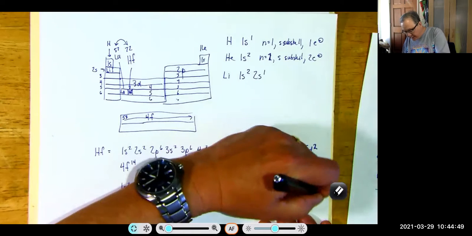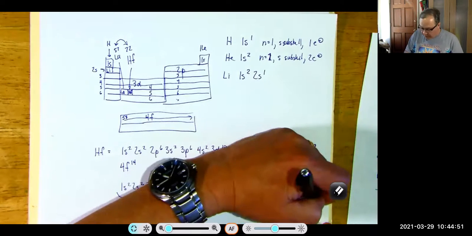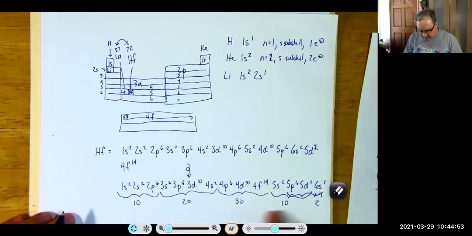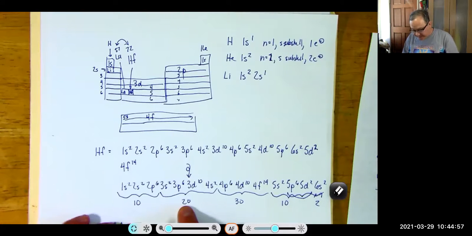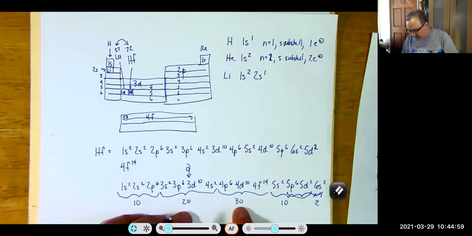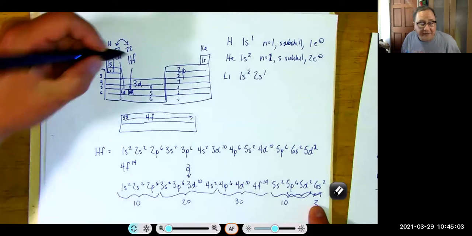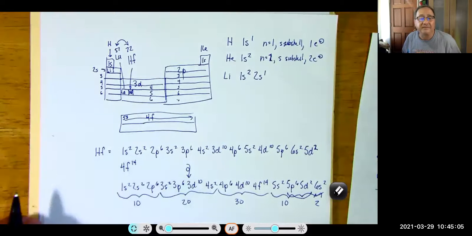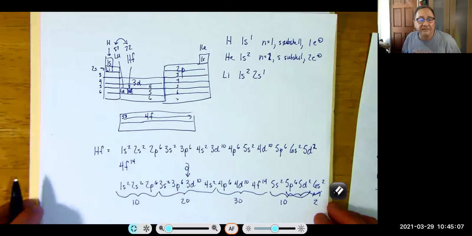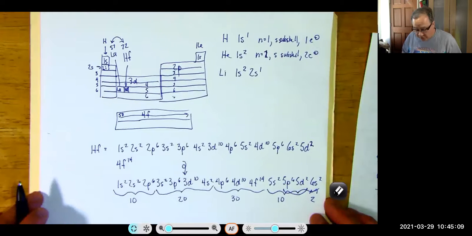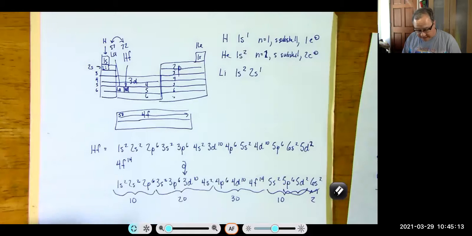Here you have 10, and then 2 more. When you add these all up, 10 plus 20 is 30, plus 30 is 60, plus 10 is 70, plus 2 is 72, which is the number for hafnium. So this is what we expect you to be able to do in this class: get the electron configuration of any element.